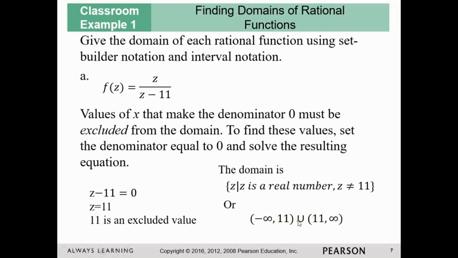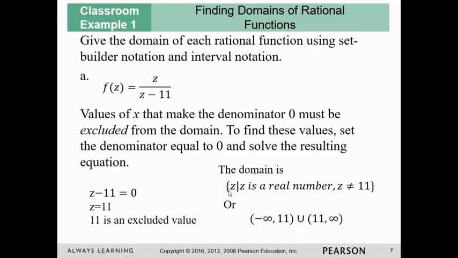That's saying all real numbers except for 11. Now the other notation is called set builder notation, as it says up here: give the domain of each rational function using set builder notation and interval notation. We've done interval notation before. What's new here is set builder notation.